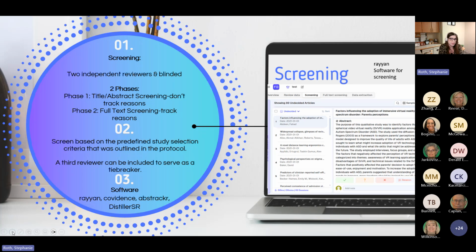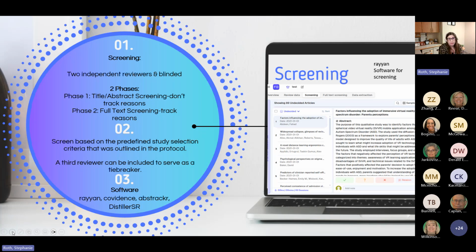If you have very well defined parameters for what is included, it's easier to make those decisions later. Screening may have to go through some piloting first to make sure all the reviewers are understanding of the criteria and are making the right decisions.